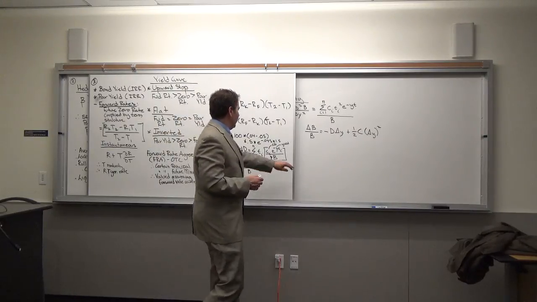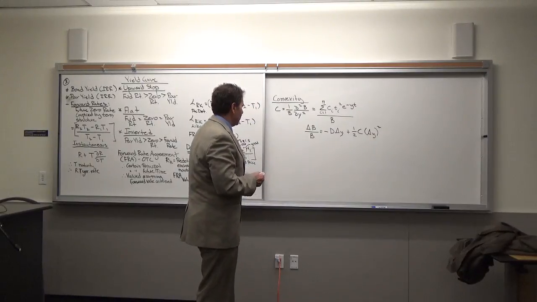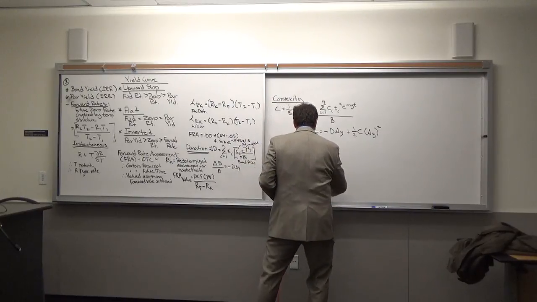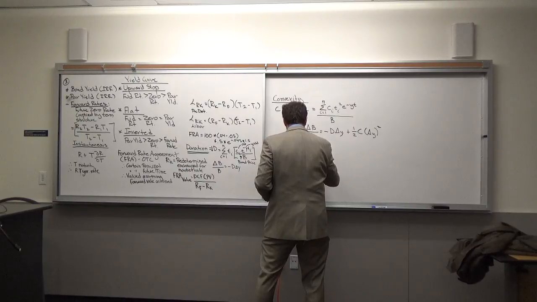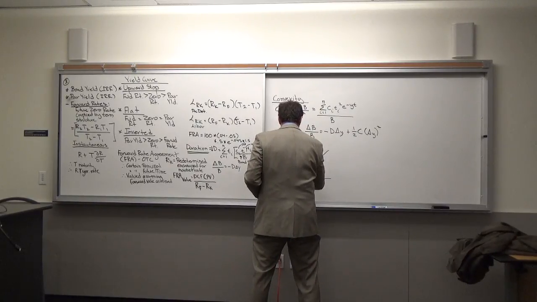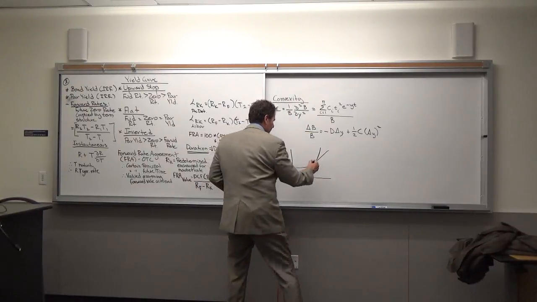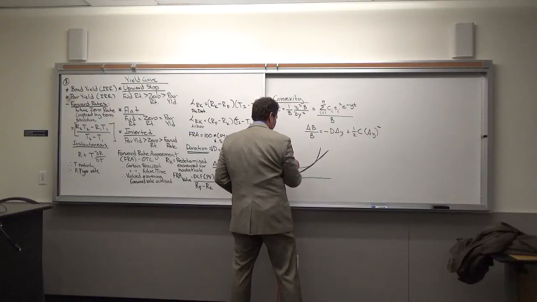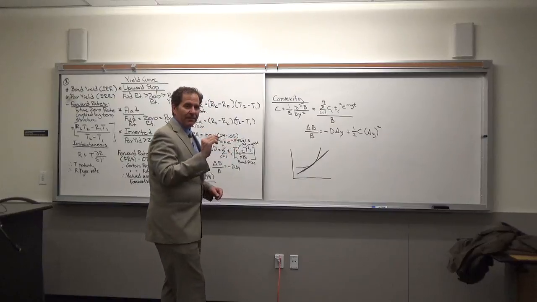And the way you want to look at convexity in the bonds, you want to look at them like this. So this would be a bond with zero convexity. So it's going to be the change in the price, and its effect on the interest rate.